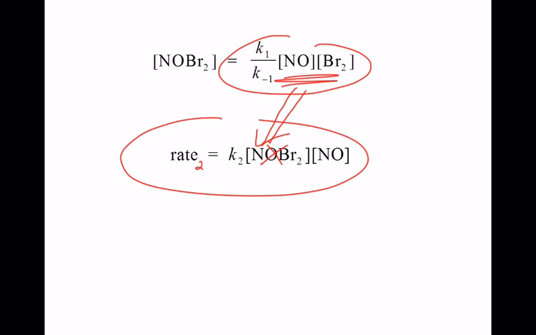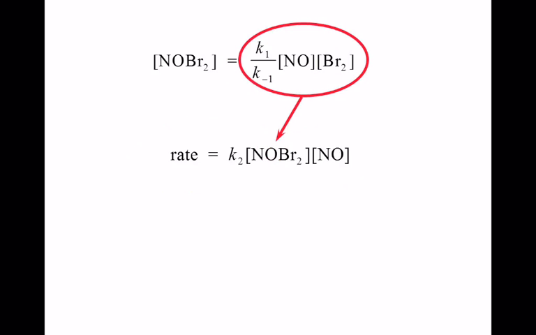So here we go. When we put that mess in for our intermediate, we end up with, again based upon the rate determining step, the slow one, the rate. I guess I could say rate 2. Maybe, I'm not sure if I want to keep doing rate 2 now or not.